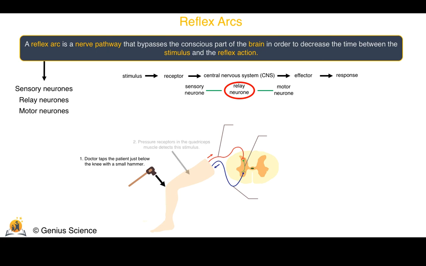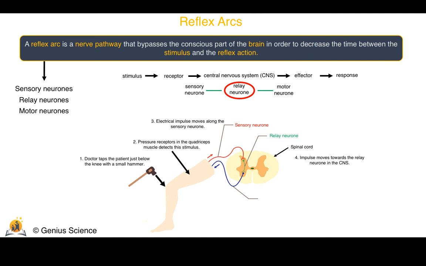Step 2, pressure receptors in the quadriceps muscle detect this stimulus. Step 3, the pressure receptors generate an electrical impulse and it moves along the sensory neuron, which is here in red. This electrical signal moves towards a relay neuron in the central nervous system, in this case the spinal cord. That is step 4.